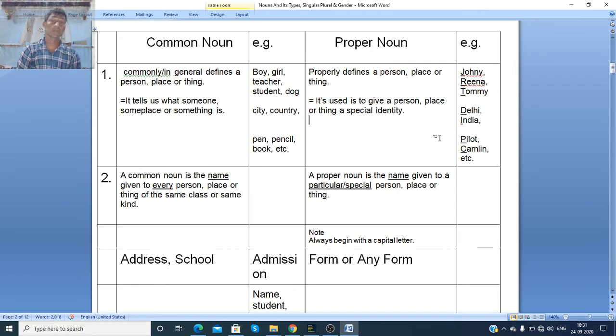There is no other USA, no other London, no other Hong Kong, no other Pakistan, no other Sri Lanka, no other China, and there is only one Pilot company, no other. There is no other Apple company, no other Windows company. So the proper noun gives a particular name to a person, place, or thing.